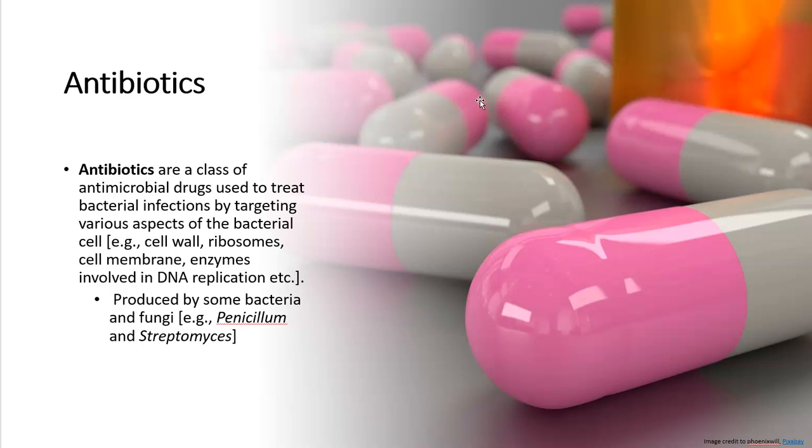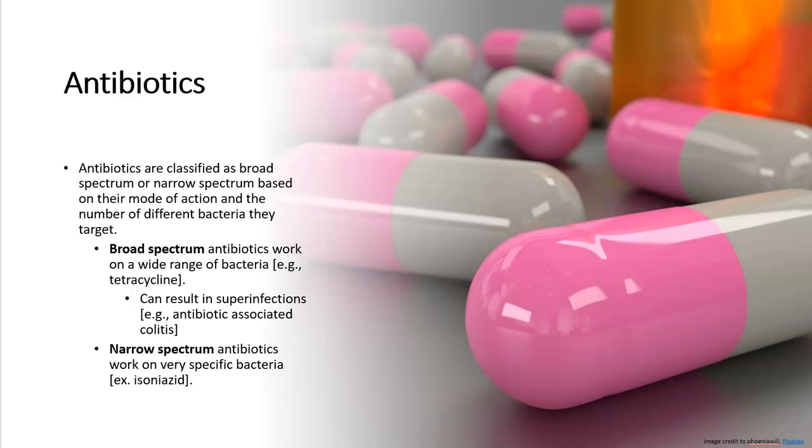The Streptomyces bacterium produces the antibiotic streptomycin. For these organisms, it's a defense mechanism so that other bacteria don't grow in their space and use their nutrients. It's just that we have extracted these chemicals for use to cure bacterial infections in the medical industry.